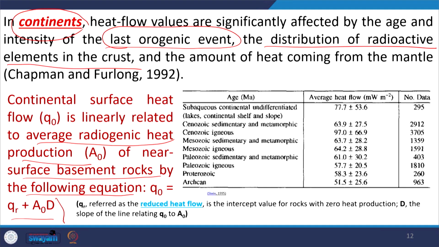And if you see here, there is the average heat flow and the age of the system. Here, the subaqueous continental undifferentiated lakes, continental shelf and slope are producing this much heat. Now if you go to the Archean, the heat production is decreasing. That means it depends upon the age and the concentration of radiogenic elements.